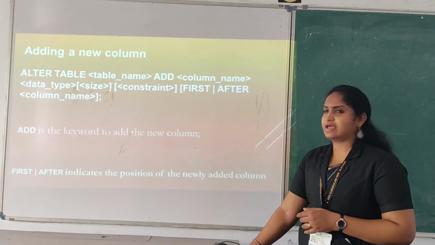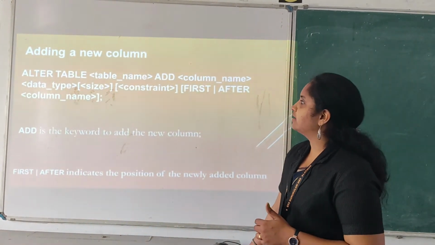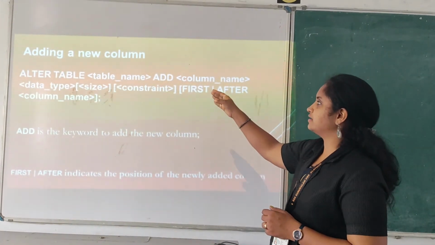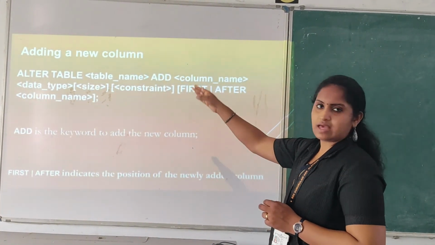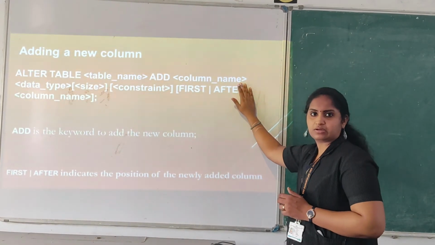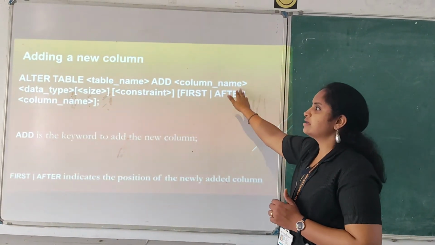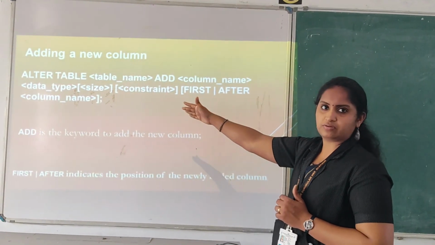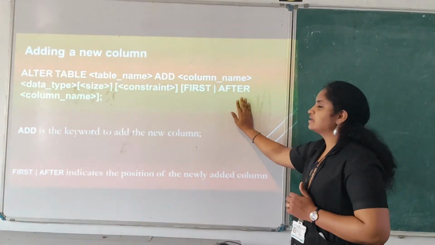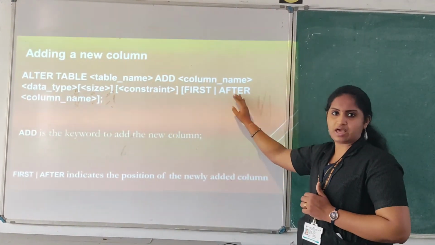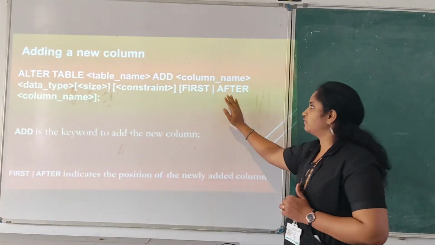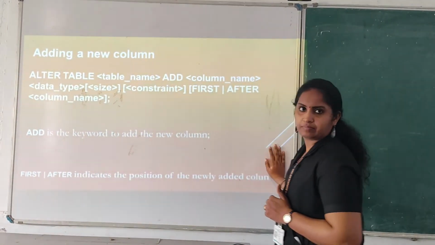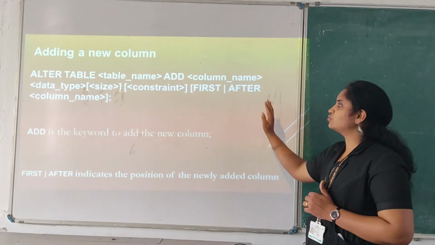So let's see how we can add a new column. Here you can see alter table name, that means you apply the table name, that is student. Add column name. If you want to add any extra column, you can give a name, and like this you can apply the data type and size of the particular column. And in which place you have to place the particular column, if it is first or after a particular column name, you have to use it.